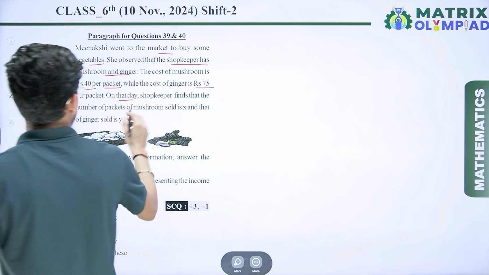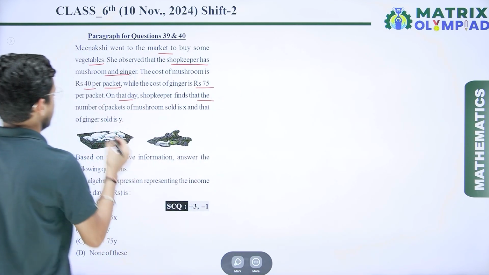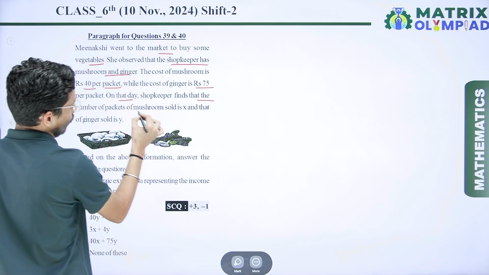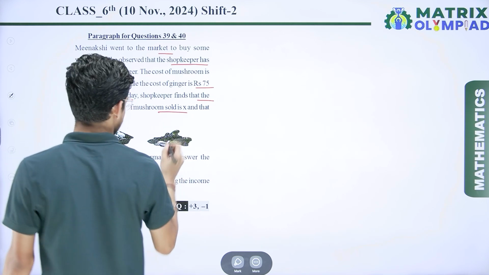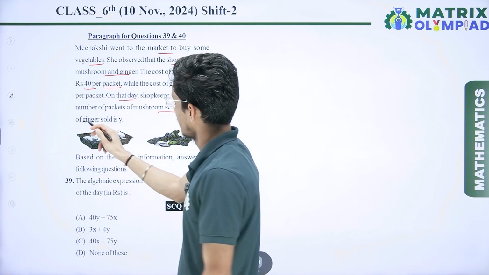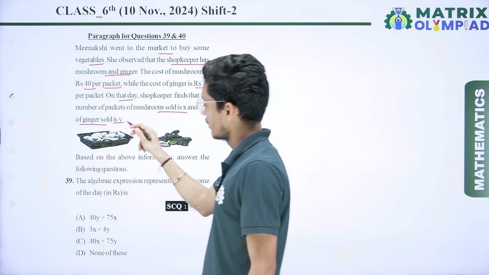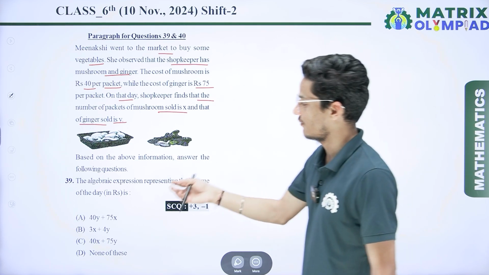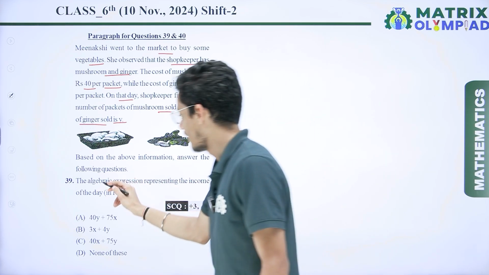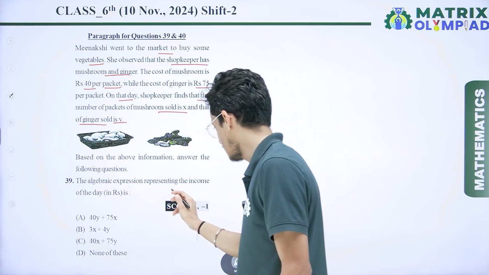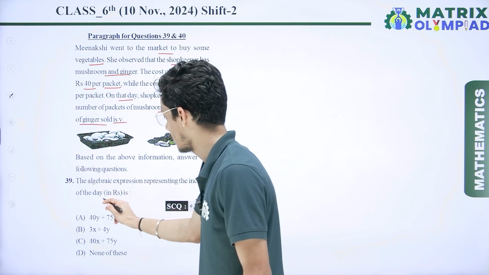On that day, the shopkeeper finds that the number of packets of mushroom sold is X and that of ginger sold is Y. So here we have a question: the algebraic expression representing the income of the day.